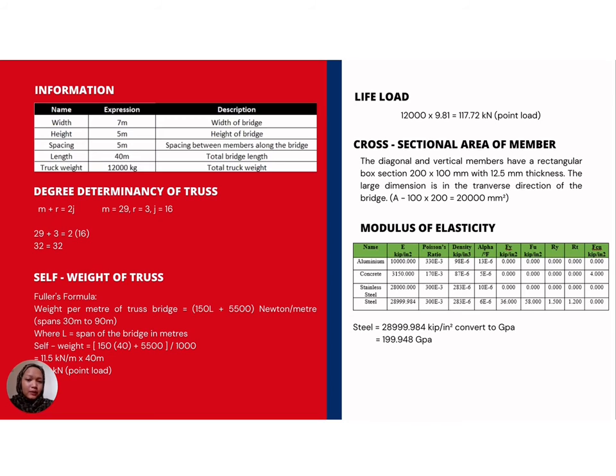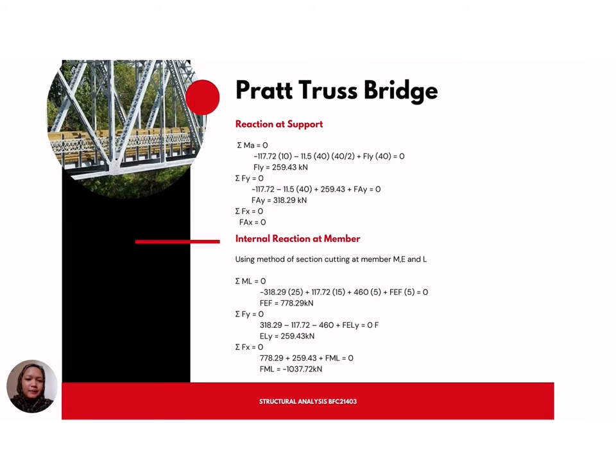Then for the cross-sectional area of the member, we are using 2000 times 1000 millimeter that was given in the journal. And then for the modulus of elasticity, based on the information given in Stat Pro, we change the kip per inch square into GPa. Then we get 199.948 GPa.